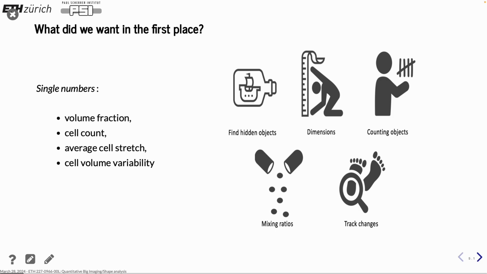So it could be volume fraction of the data, cell count, maybe stretch of the cells, or variations in cell size and volume. So what we want to do is possibly finding some hidden objects. We want to do some measurements, counting, maybe checking how things are mixed in the data, or even in time series track changes of all these things.